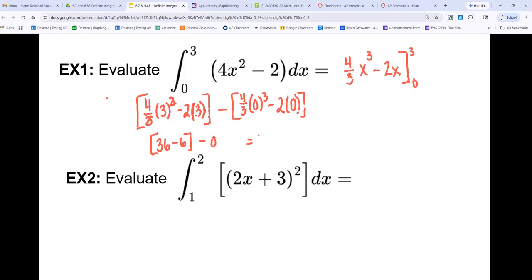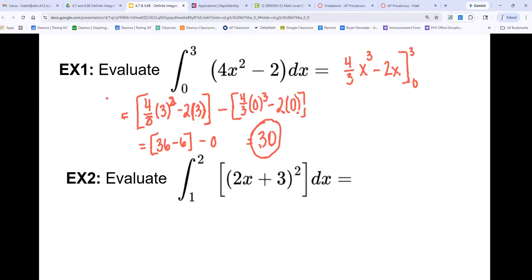So I am going to get 30 for that. Not necessarily on this. I would just do like I've done here, sort of like a string of equal signs showing your work.